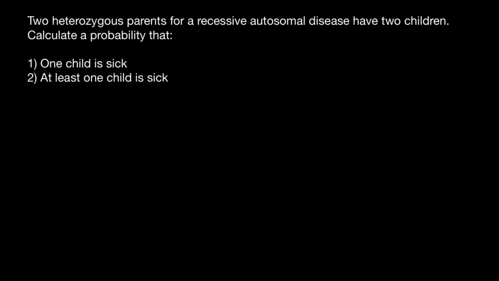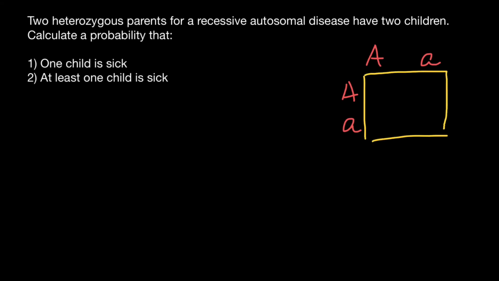We know that one parent is heterozygous, so capital A small a. Another one is also heterozygous, capital A small a. When we build a simple Punnett square, we can find the probability of the genotypes in their progeny. Capital A capital A here, capital A small a here, capital A small a here, and small a small a here.